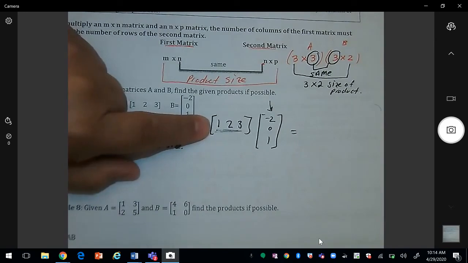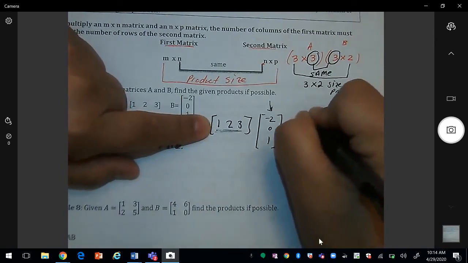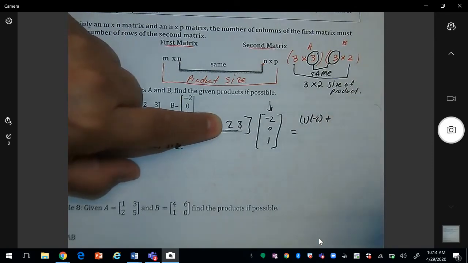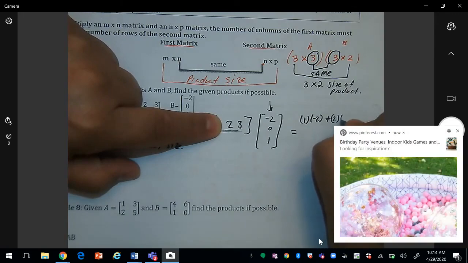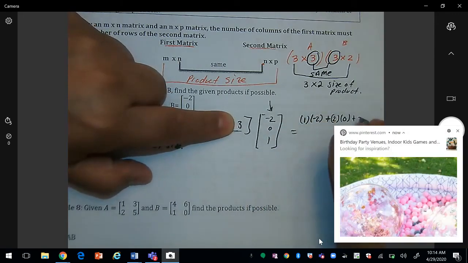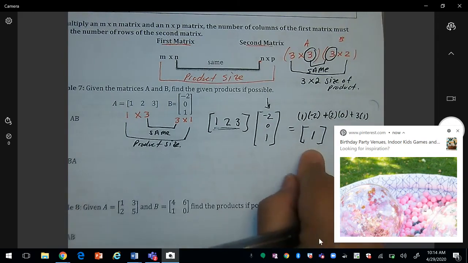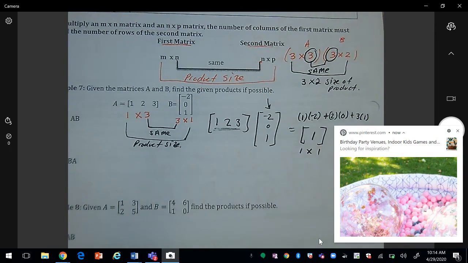So we have the first number, 1, times the first number, negative 2, plus the second number times the second number, and then the third number times the third number. So negative 1 times 2 is negative 2. This is 0, and then 3. So negative 2 plus 3 is 1. So our resulting matrix will be equal to 1. And again, here you can see that this is a 1 by 1 matrix.